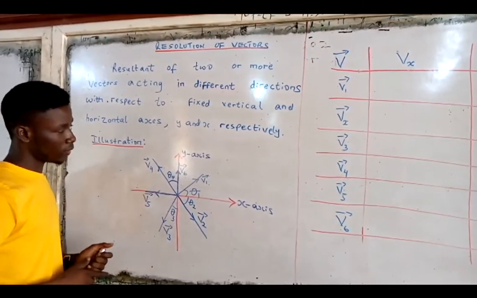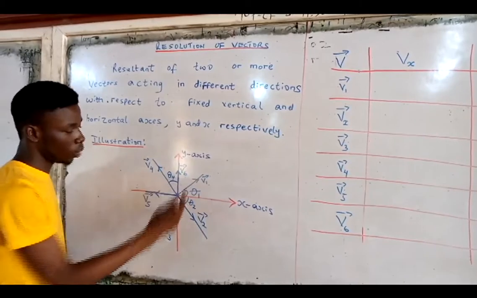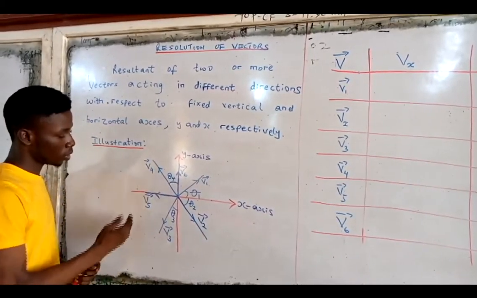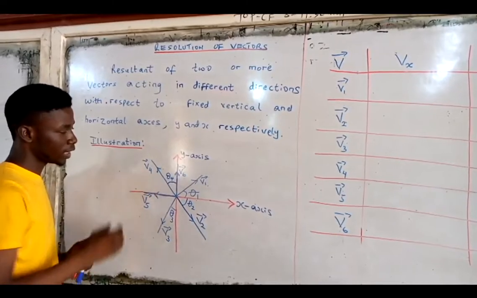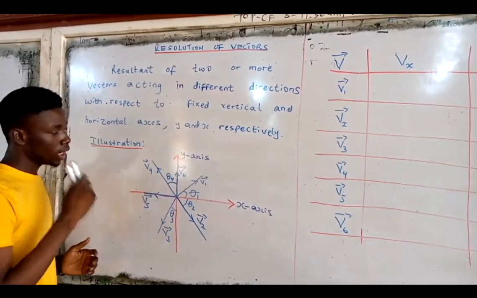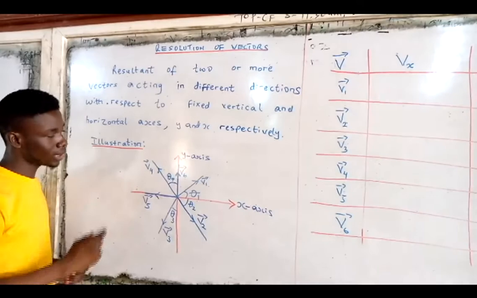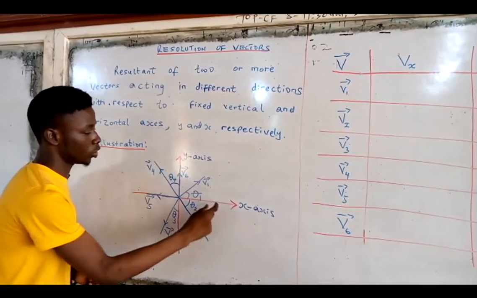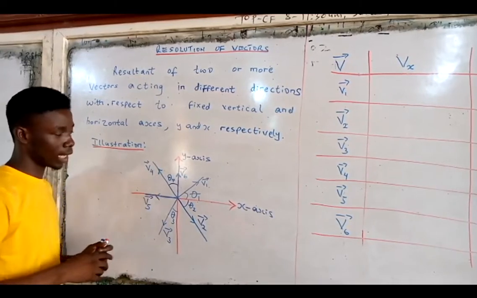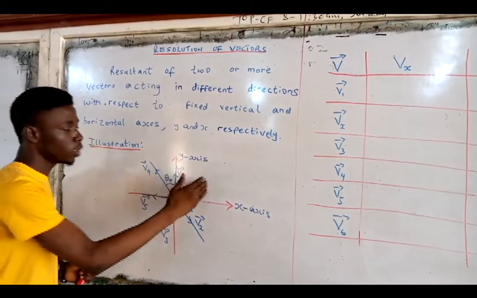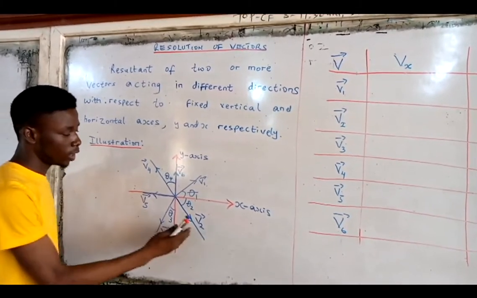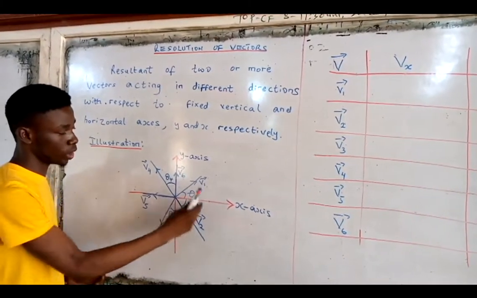We have six vectors here, vectors v1, v2, v3, v4, v5, and v6. Each vector is acting in one direction or the other with respect to the x-axis and the y-axis. v1 is at an angle θ1 to the x-axis. v2 is at an angle θ2 to the x-axis as well.